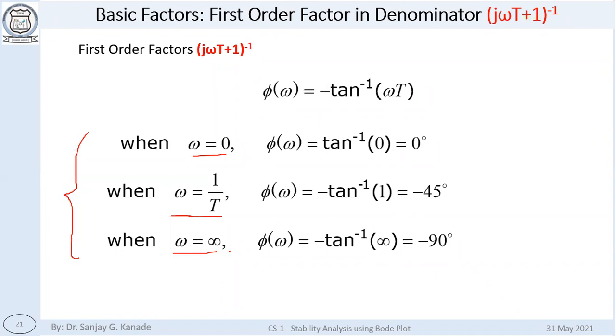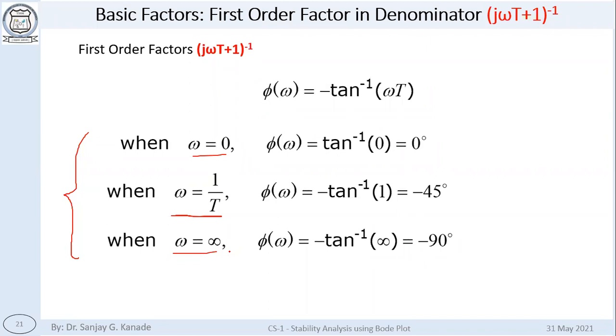You will have to calculate at multiple frequencies, and that depends on multiple factors also. Whatever factors you have, find the phase at all the corner frequencies of the corresponding factors, and also some intermediate frequencies, so that you get a smooth curve. You should be able to plot a smooth curve.